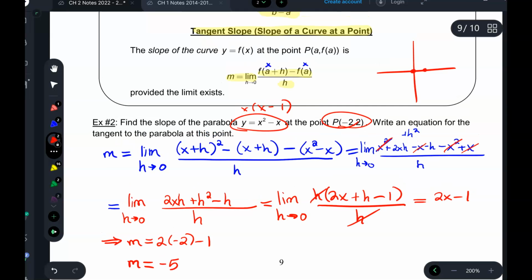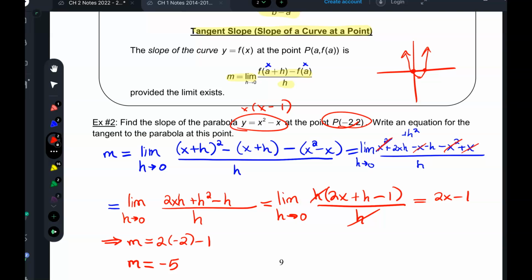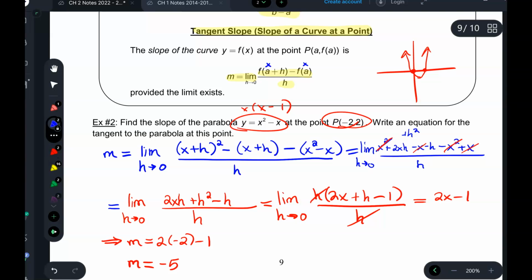Whatever. Really quick sketch. So at negative 2, let's say here's negative 2. That's a very sloppy picture, but hopefully you get the idea. What is that tangent slope going to be?